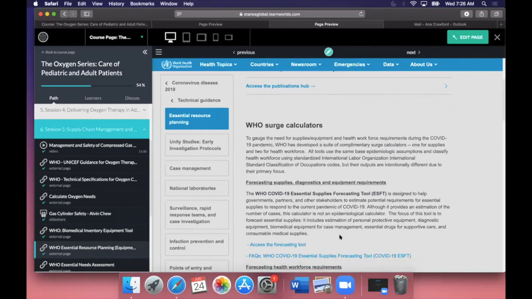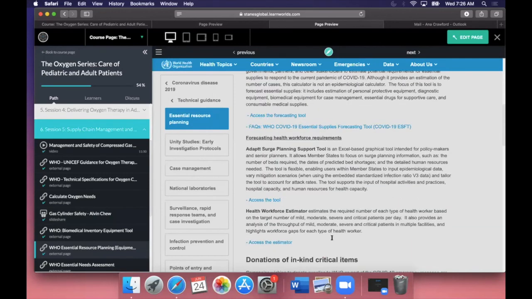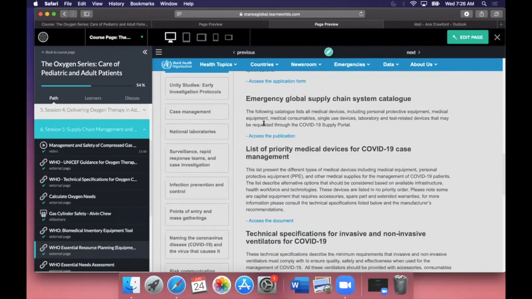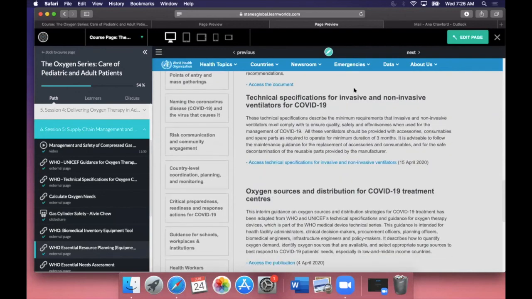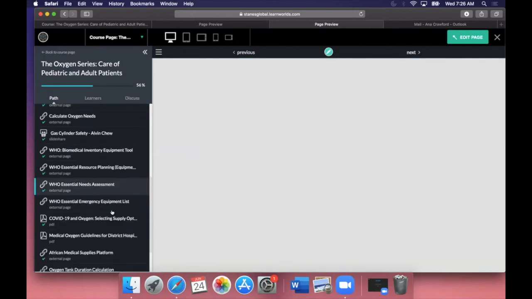So you can use these surge calculators, forecasting tools, workforce requirements, and then the emergency global supply chain catalog. You can access that catalog here as well. So that resource is listed. And then they also have an essential needs assessment for emergency equipment and emergency medications.